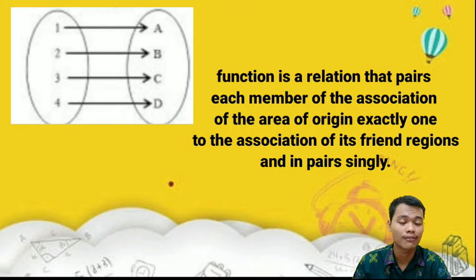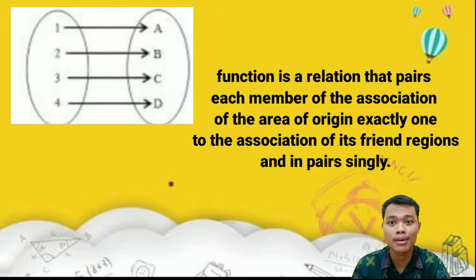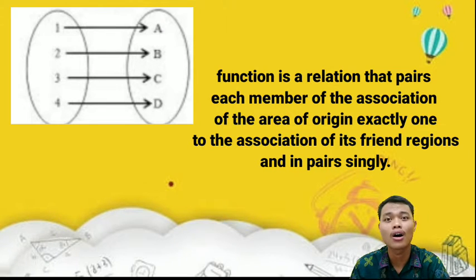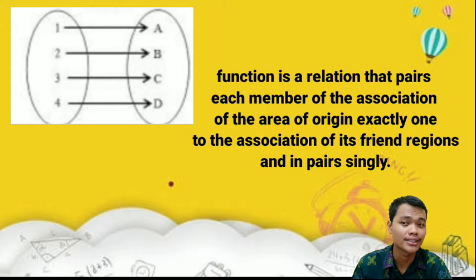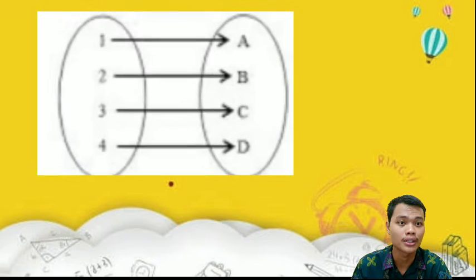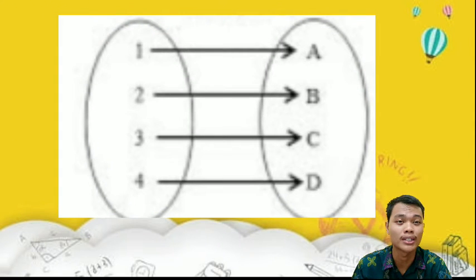Meanwhile, now I will explain the meaning of a function. A function is a relation that pairs each member of the domain with exactly one member of the codomain. And I will give you an overview with the picture about the function.